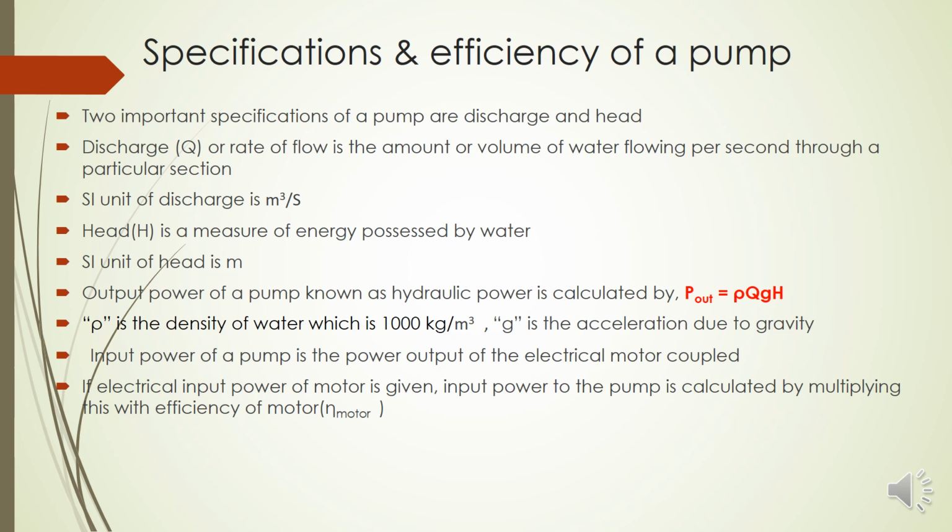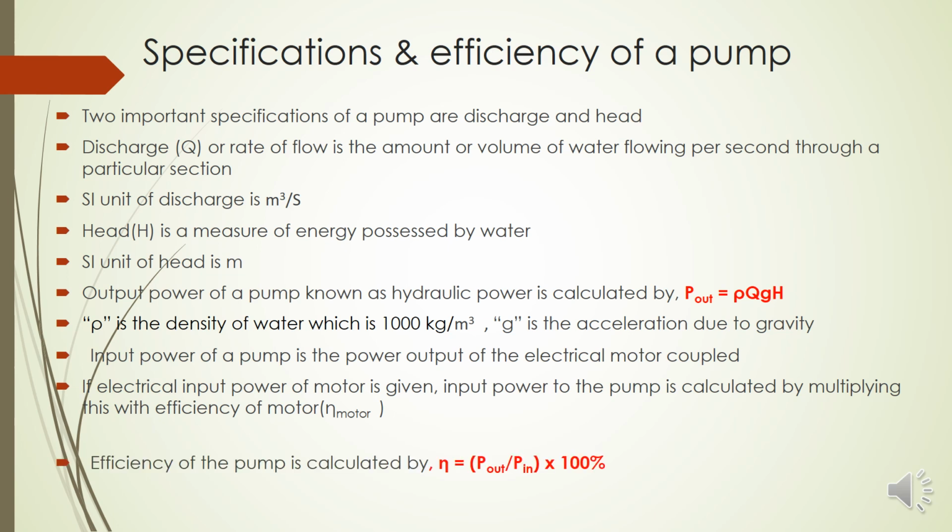We are giving electrical energy to the motor, some energy is lost and some is converted to mechanical energy, and we are giving it to the pump. So to calculate the input of pump, we have to multiply the electrical input of motor by the efficiency of motor. The efficiency of motor will normally be 90% or above.